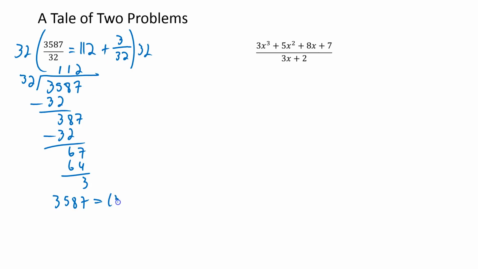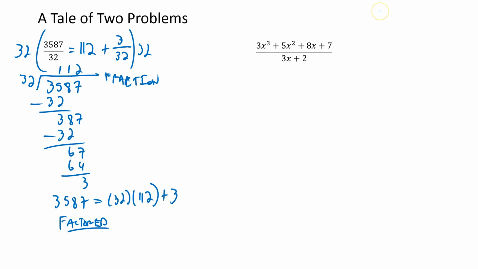So 32 times 112 gets me almost to 3587, but I'm short 3 at the end there. So 32 times 112 plus 3 is called factored form. And this guy up here is called fraction form. Fraction form is where you still have the fraction on the left, and then we have 3/32 on the right.